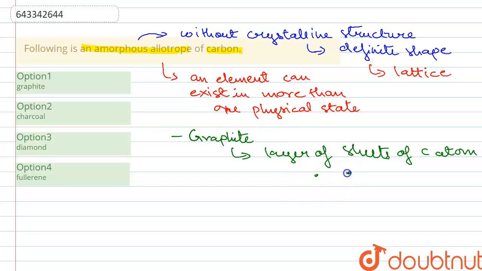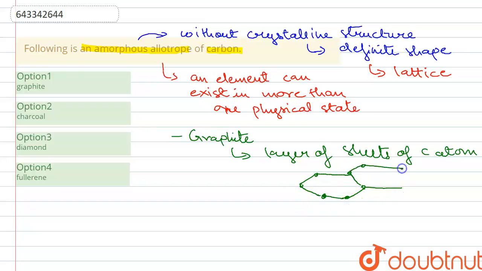The carbon atoms are arranged hexagonally, in hexagon shapes like this. These dots represent the carbon atoms, and they are attached to one another like this.